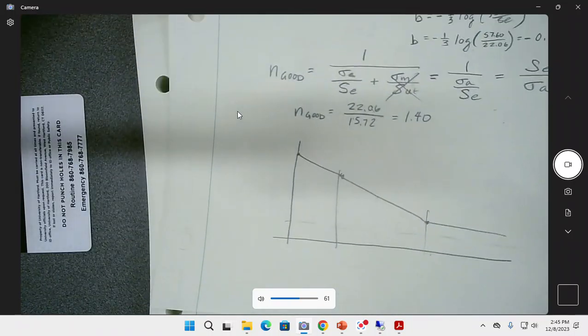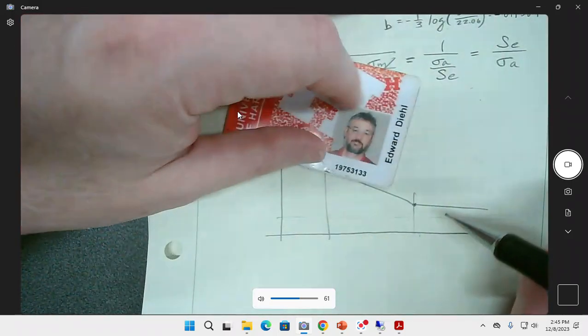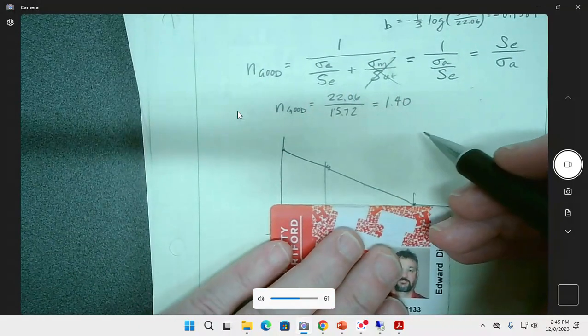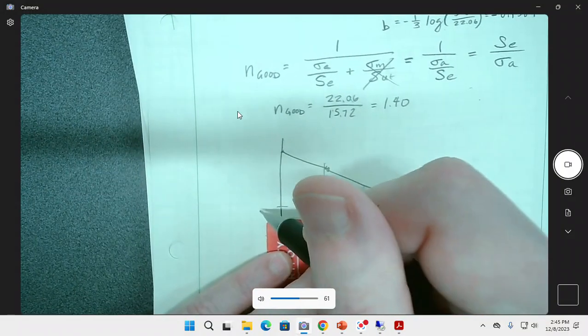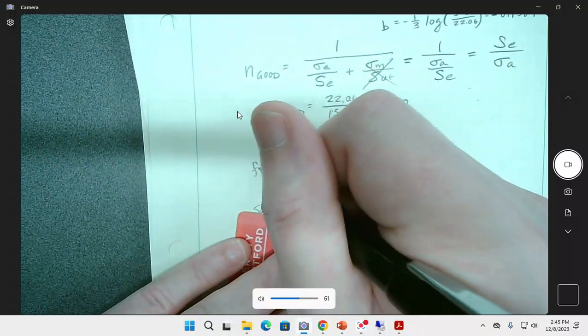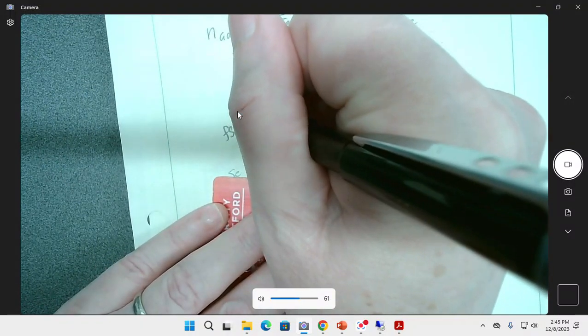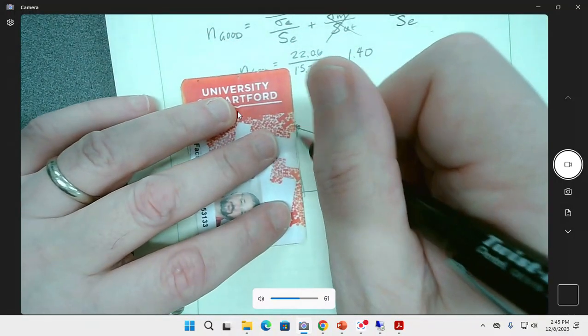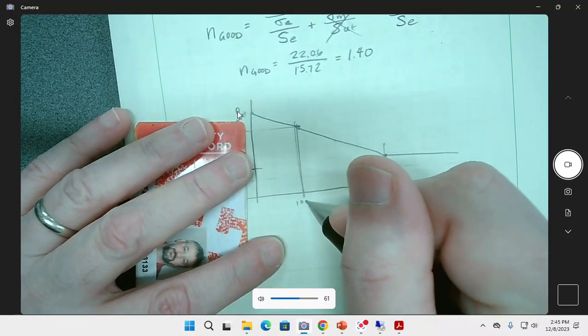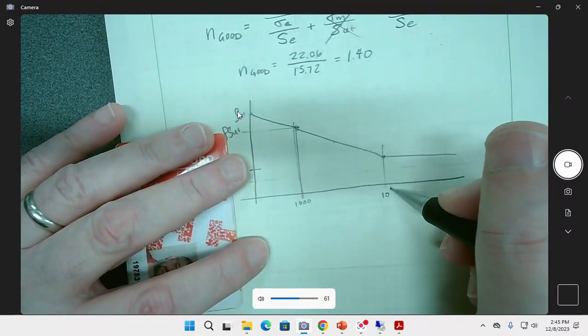But if we come back to this right here, we'll see that this was SE. This is F times SUT. This is SUT. This right here is 1,000. This here is 1 million, or 10 to the 6.